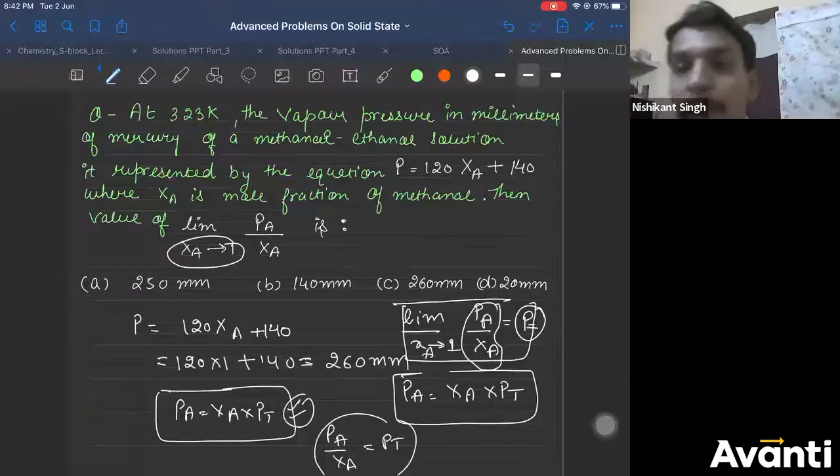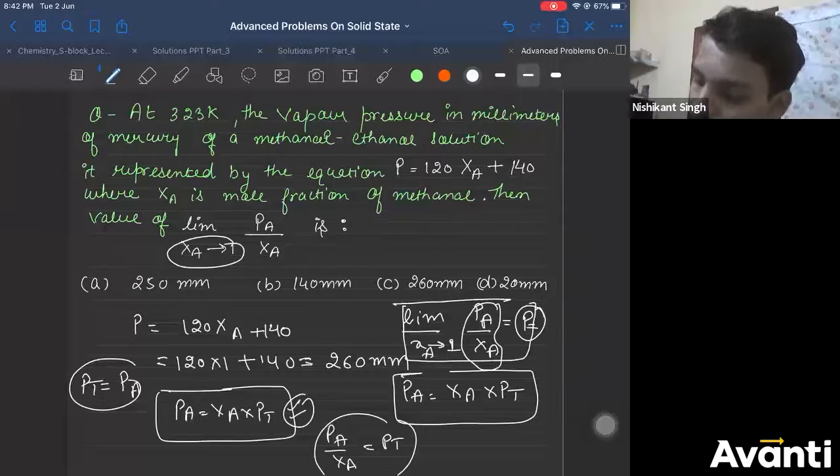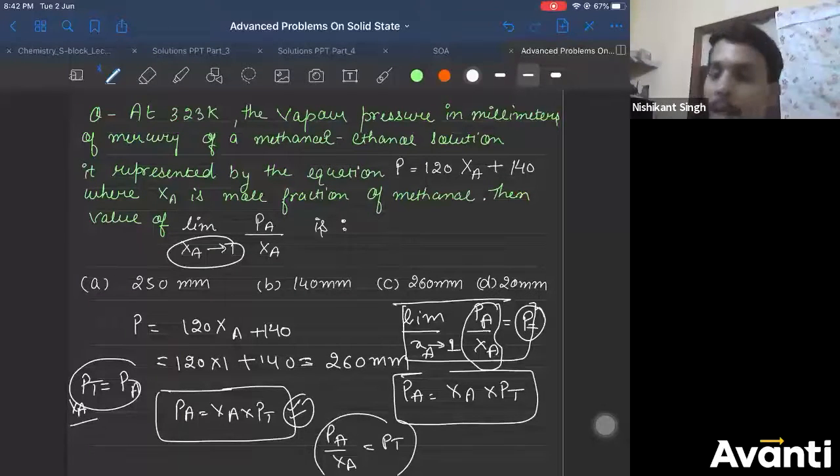Second, your B amount is almost 0. So we can say P total will be nothing but the partial pressure of A into XA. We can say this by Dalton's law. I hope it is clear.